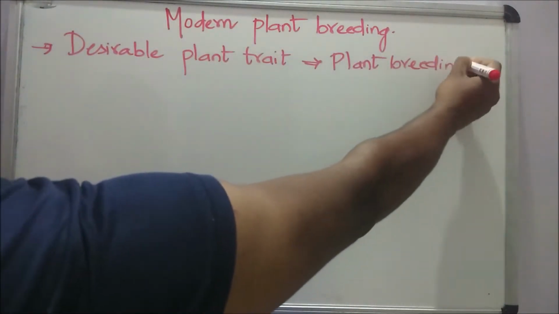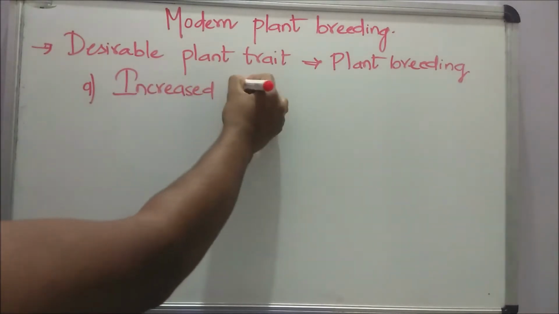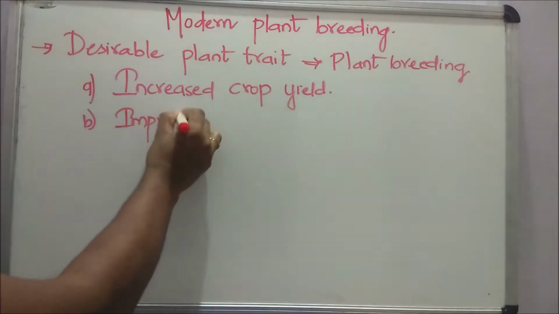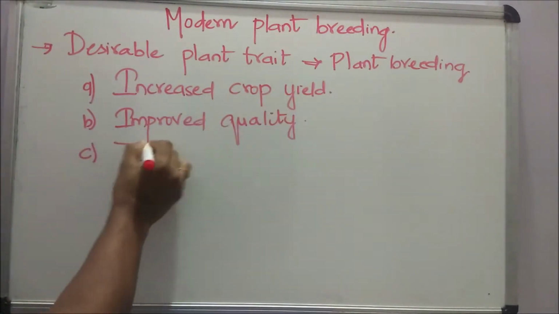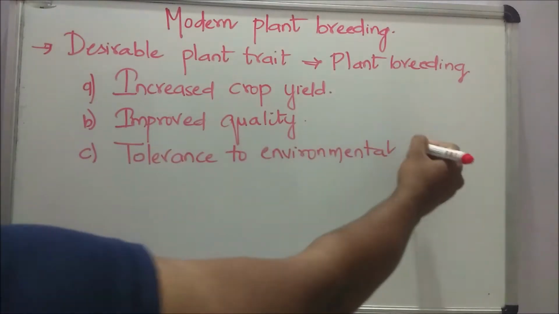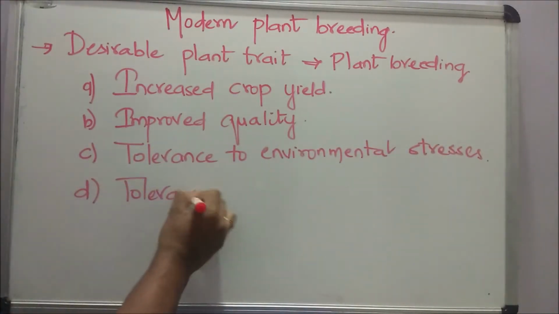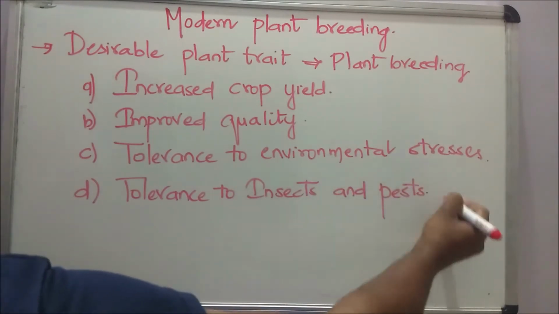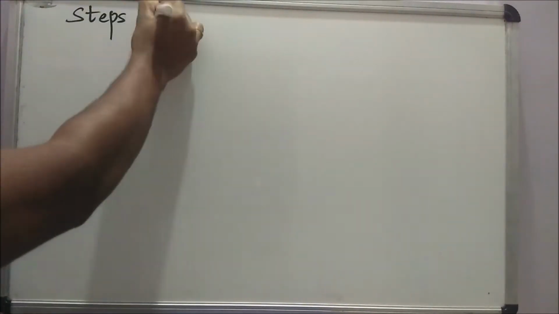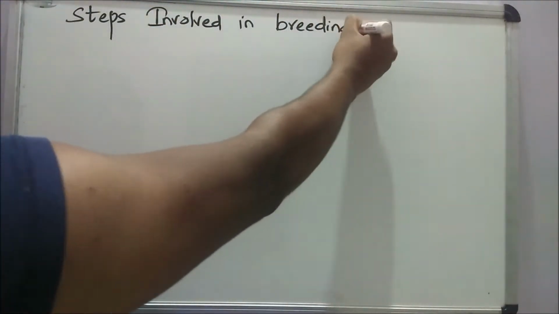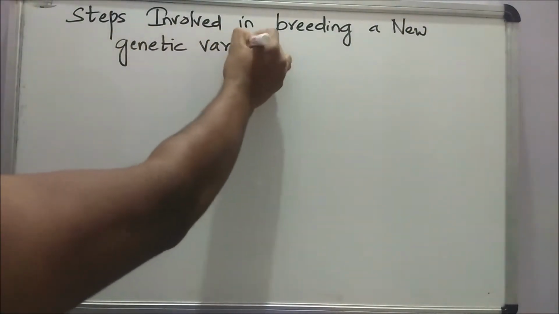The desirable plant traits include increased crop yield, improved quality, tolerance to environmental stresses, pathogen resistance, and tolerance to insects and pests. Let's learn about the steps involved in breeding a new genetic variety of a crop.